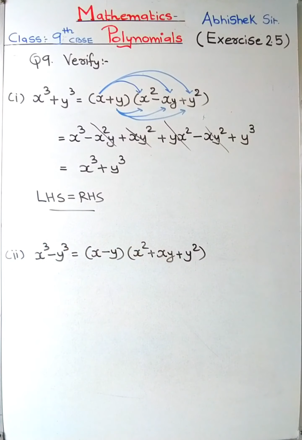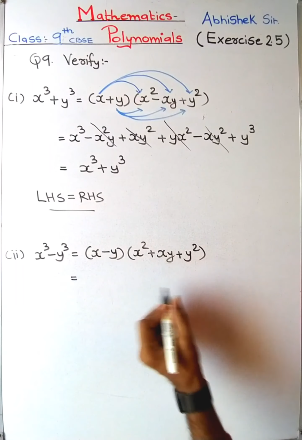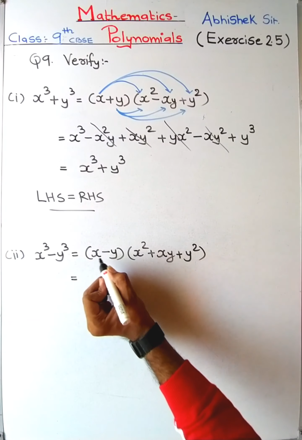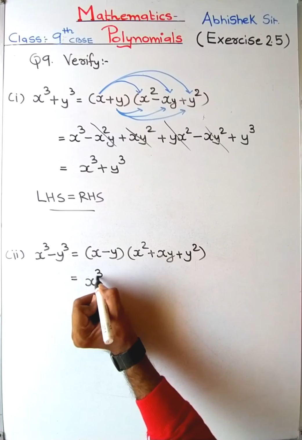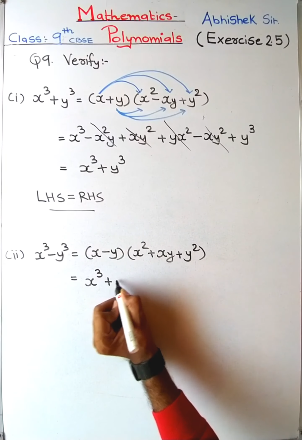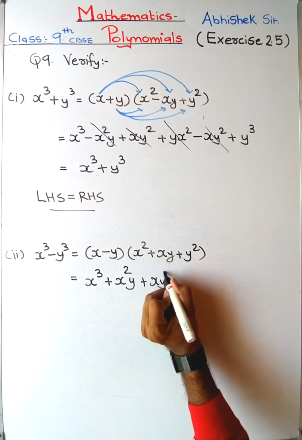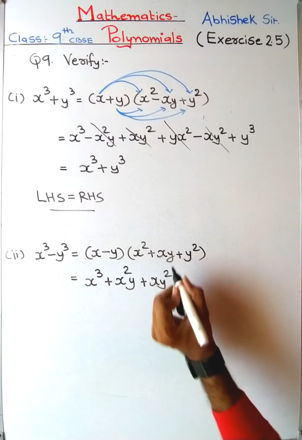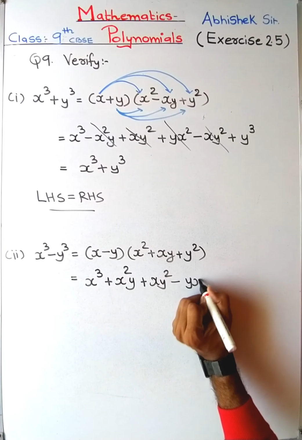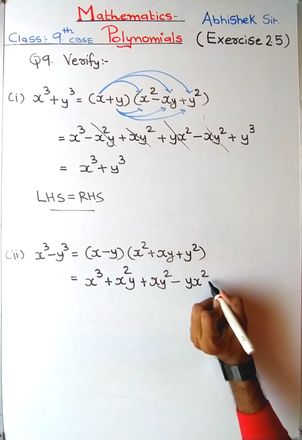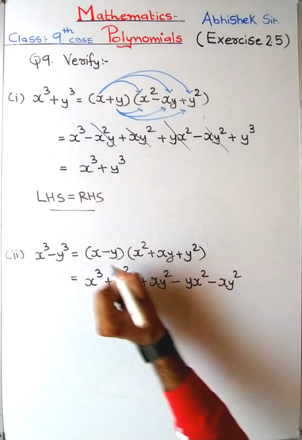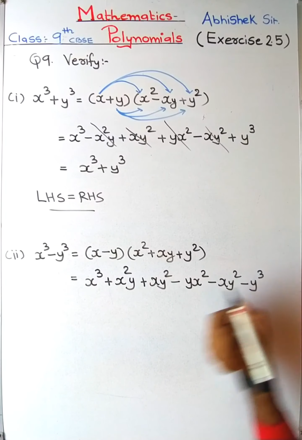Clear? So this is a very easy method of verification, but in case your teacher teaches you another method, follow that method. Alright, moving on to this side again. Right now let us multiply: x into x square is x cube, x into plus xy is plus x square y, x into y square is plus xy square, minus y into x square is minus y x square, minus y into xy is minus xy square, and minus y into y square is minus y cube.